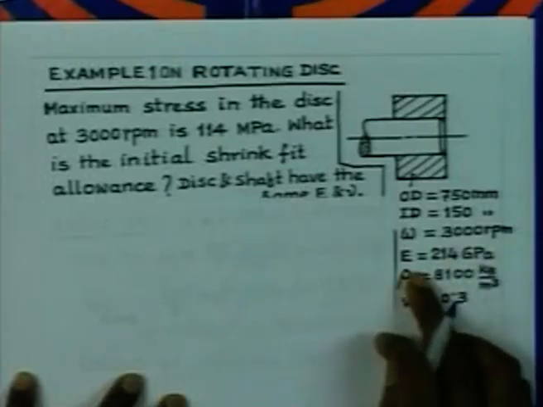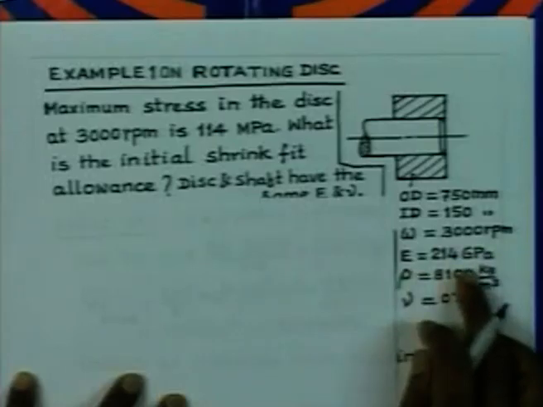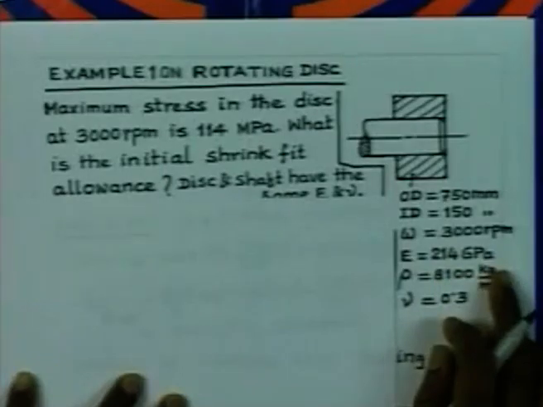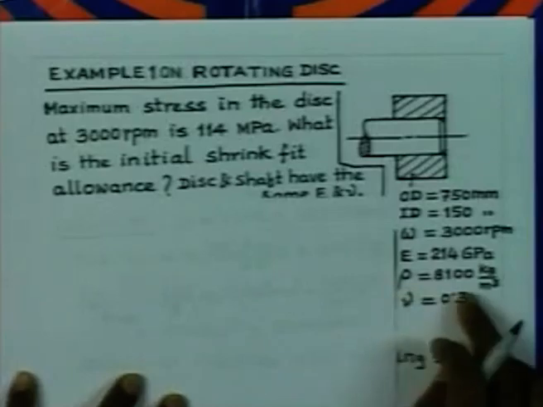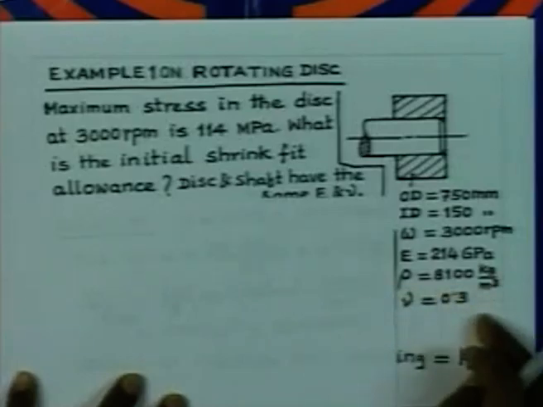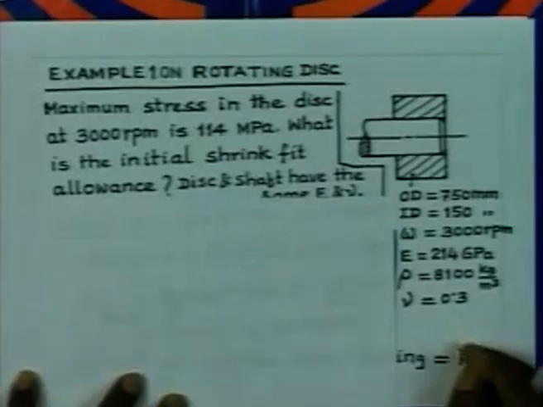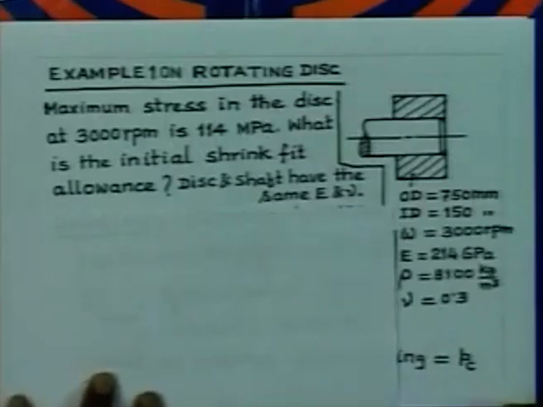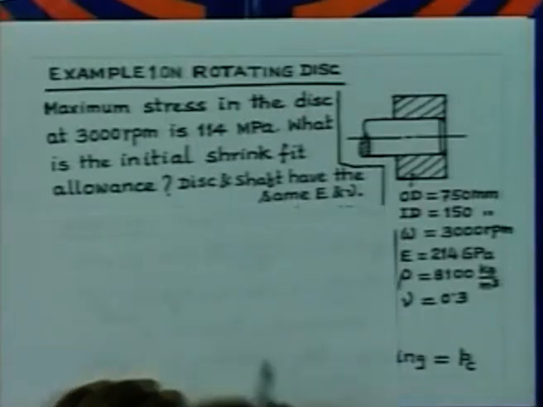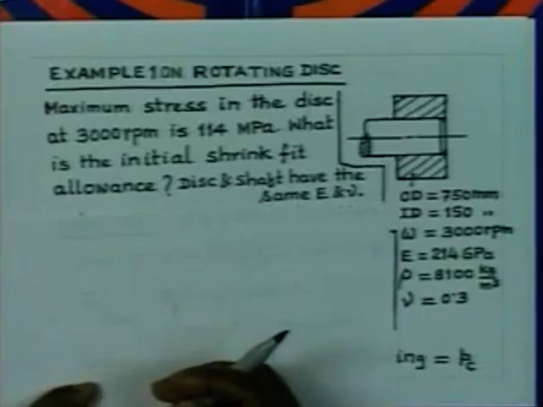The modulus of elasticity is 214 GPa, and specific weight is 8100 kg per meter cube. Poisson's ratio is 0.3.